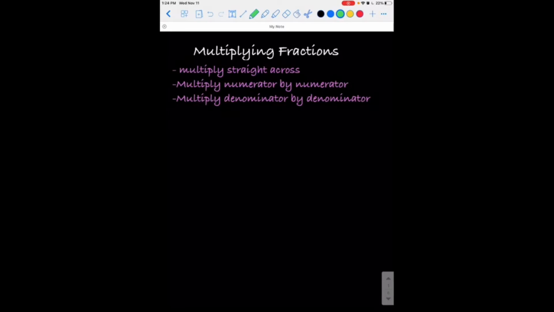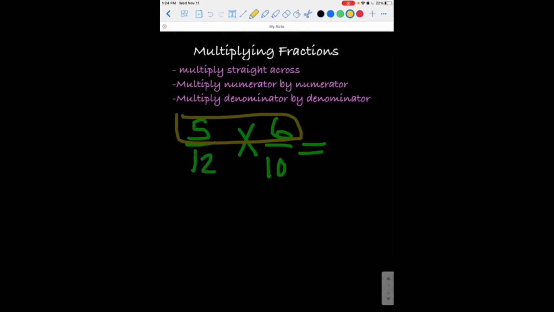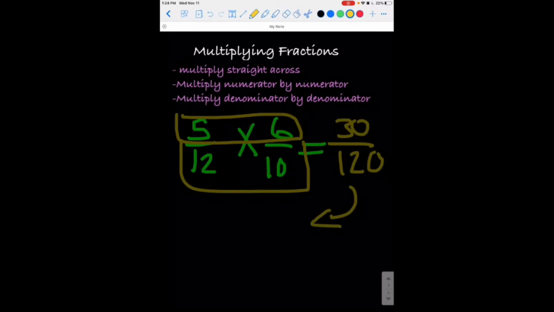Let's do 5/12 times 6/10. Again, I'm first doing the numerators, so that's 30. Now I'll do the denominators. This is 120. This one's super simple: I know I could divide both by 10, which gets me 3/12.